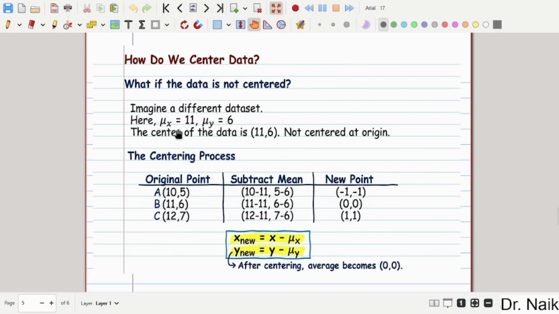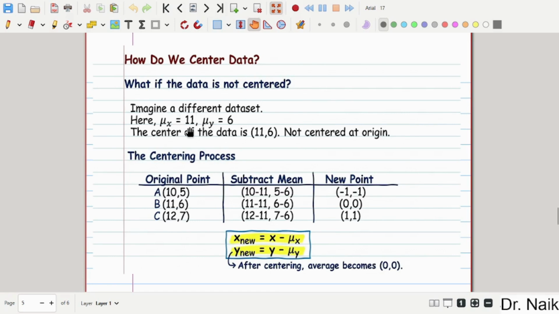Here our mu x, that is mean of x coordinate, is 11 and mean of y coordinate is 6. 11 comes from summing all the x coordinates divided by the number of observations. So 10 plus 11 plus 12 divided by 3 will give the mean of x coordinate.